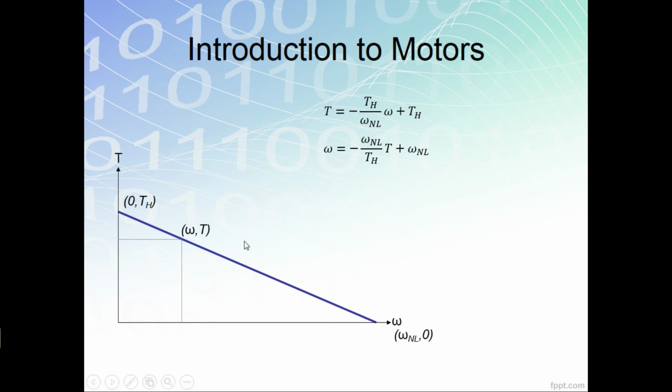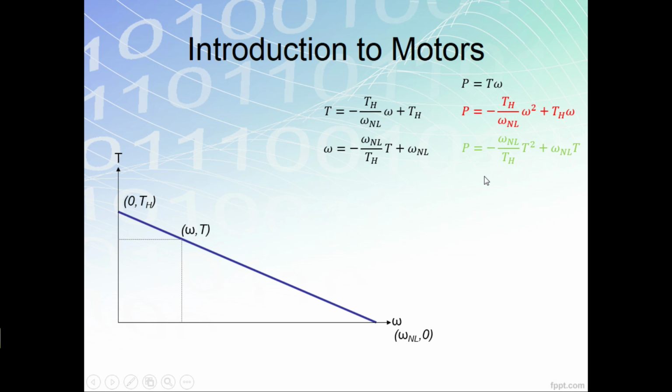If we compute for the power, since power is equal to the product of torque multiplied by the angular velocity, we can multiply this torque equation by the angular velocity and this angular velocity equation by torque. And we would arrive at these equations. These are equations of power.